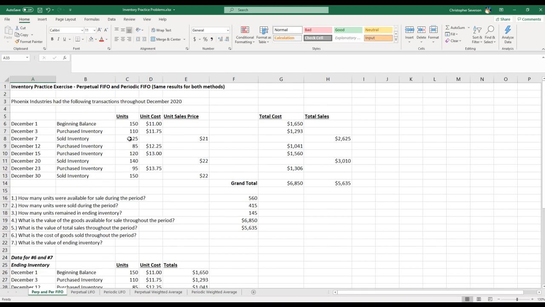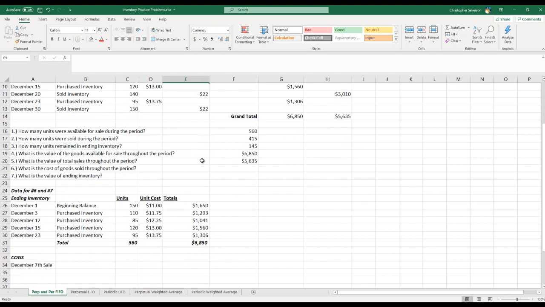The question is, which units do we pull? The costs are all different, so it does matter which units we pull. We can't just randomly grab a price. We have to figure out what order we're supposed to go in. We only have so many units at each cost amount. So once those units are gone, we have to move to the different cost amount. We're using FIFO, first in, first out. That means the first units in, or the oldest units, are going to be the ones we use first.